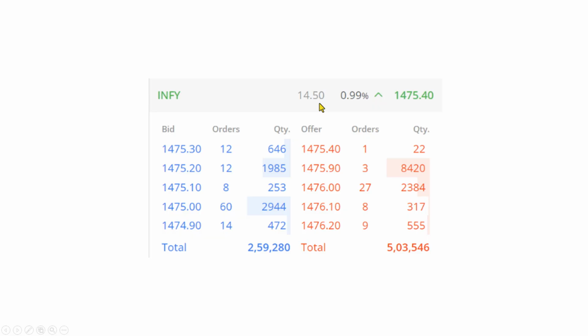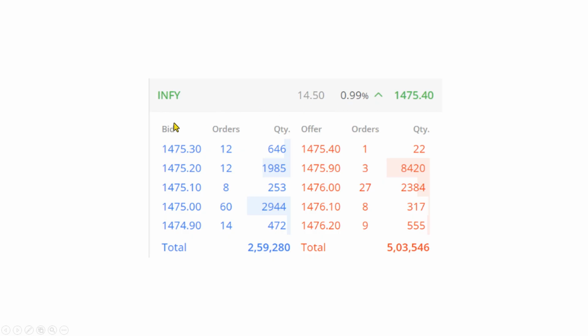And this is in percentage. Today, the stock price has moved up by 0.99% when compared with yesterday's closing price. And this shows the current market price. So this keeps on changing.